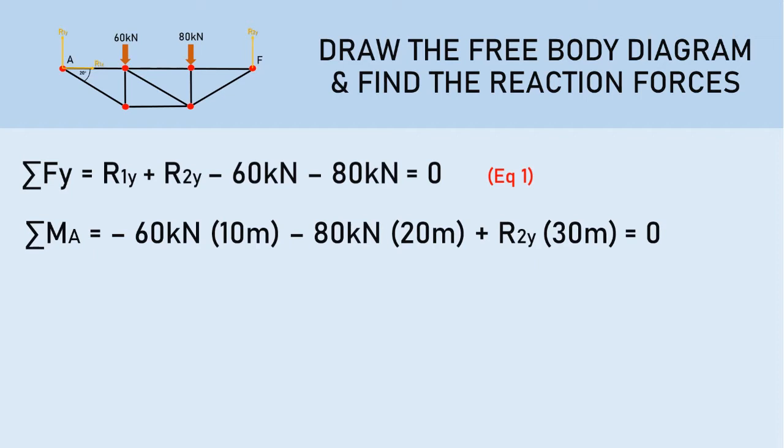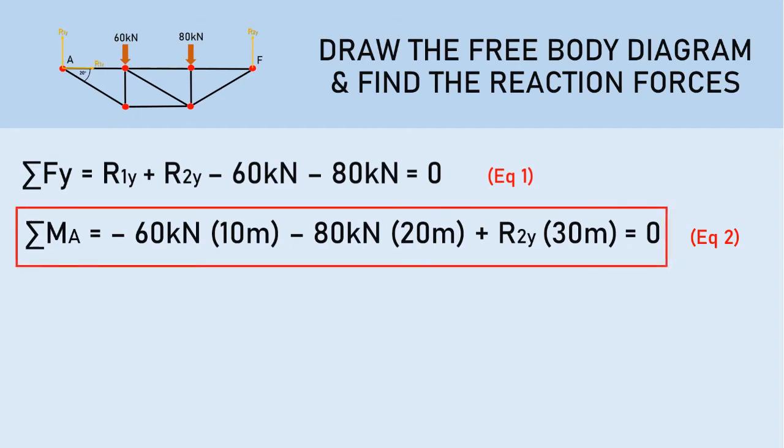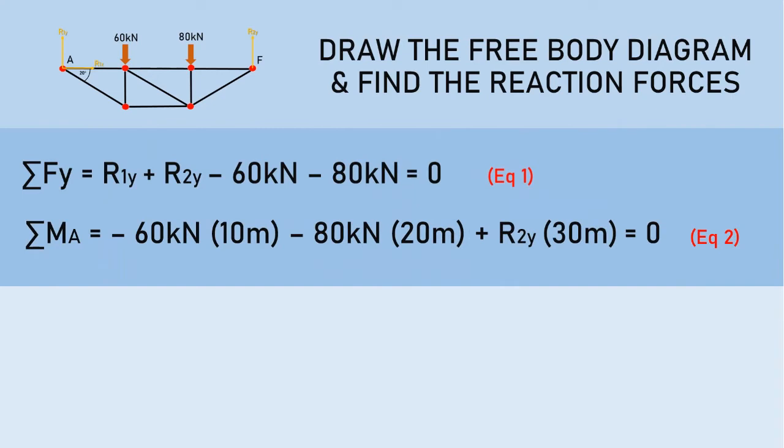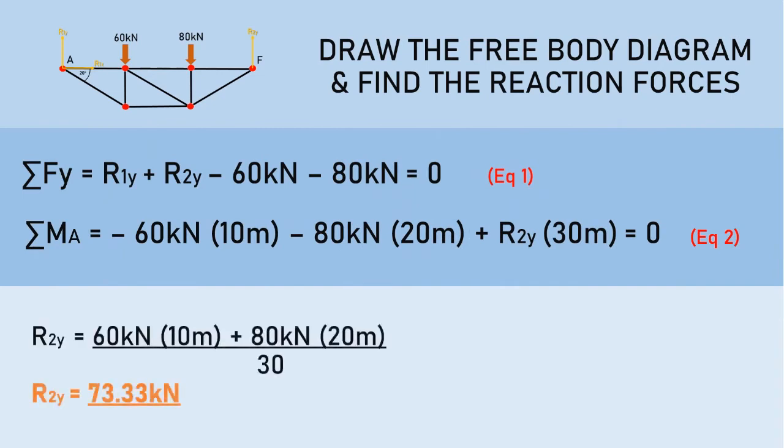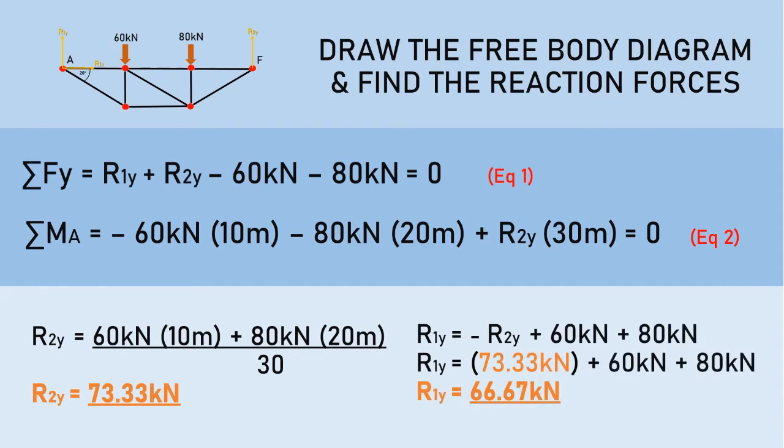Let's say this will be equation 2. Using this equation, we can solve for R2y, which is equal to 73.33 kN. Substituting the value of R2y in the first equation, we have R1y equal to 66.67 kN.